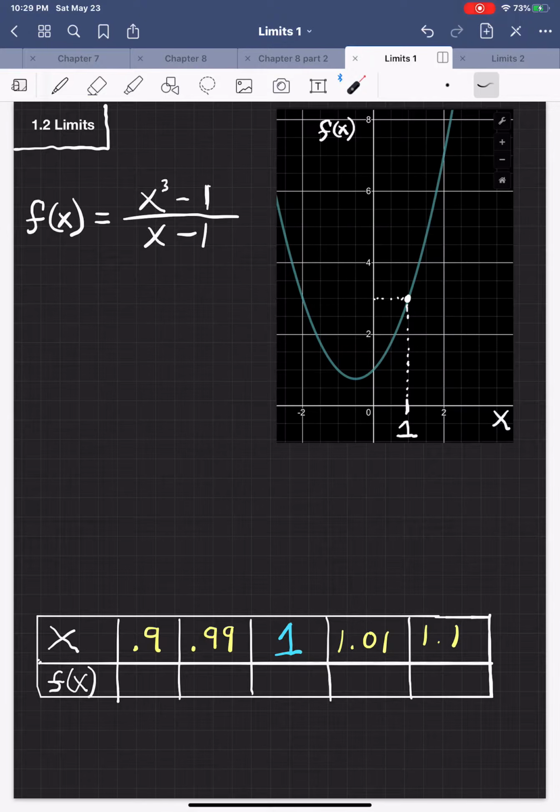Now, notice I'm giving you a function, right? So x cubed minus 1 over x minus 1, and I even have the graph of the function here. A pre-calculus type question would be something like: if I give you an x value, say, let's say we let x equal 2, then what is the y value?